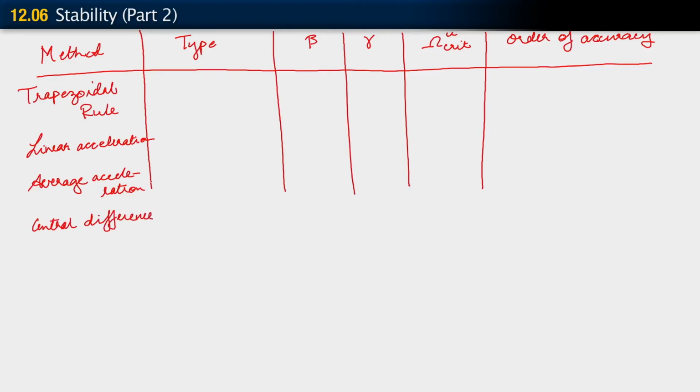When I say central difference and trapezoidal rule, note that they will not be the same as what you may be familiar with from first order ODEs, simply because we are using terminology here that has been established for second order ODEs. All of these methods are implicit except for the central difference method.